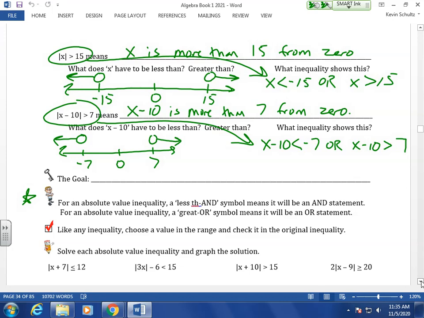For the second two we had, a greater than symbol is going to be an or statement. Isn't that helpful? Copyright, patented, Schultz, 2016, or something like that. Okay?